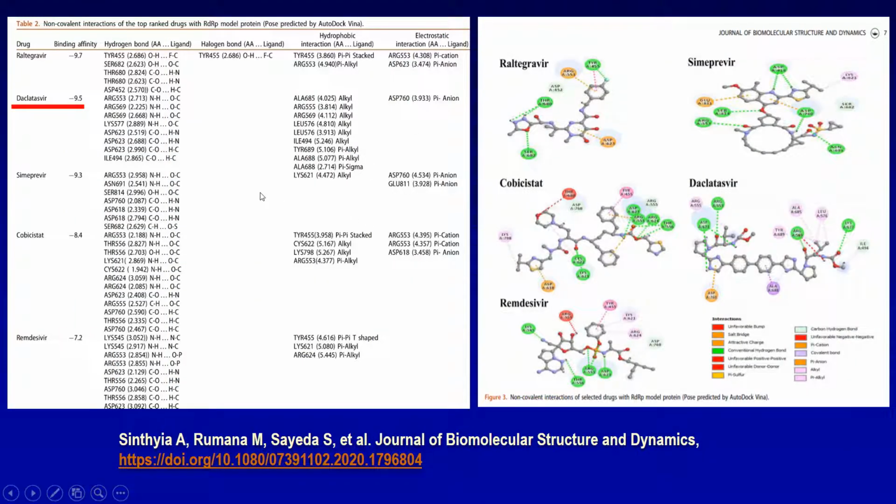While this study from Cynthia et al. shows that daclatasvir exhibited very high affinity to the RNA-dependent RNA polymerase model by the AutoDock Vina, and this shows the binding sites.